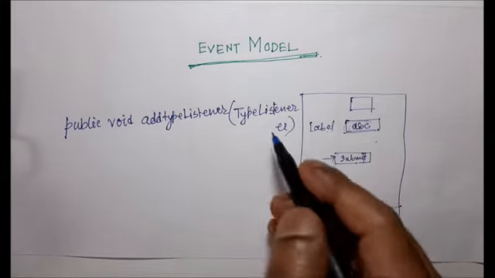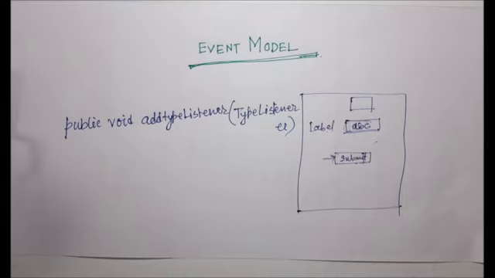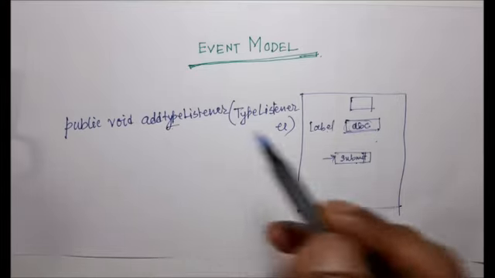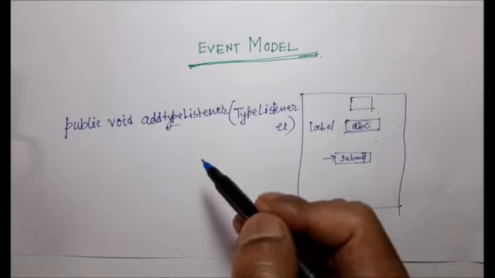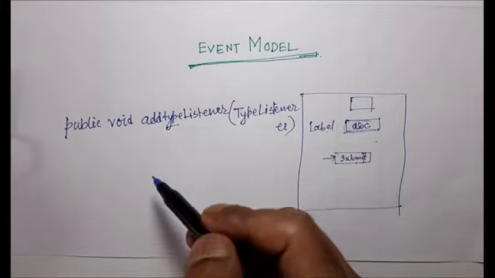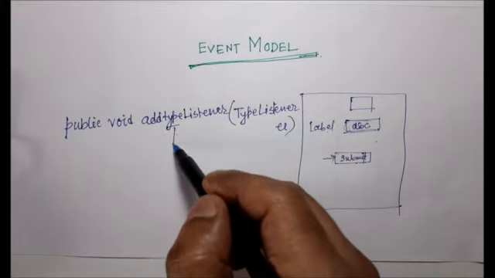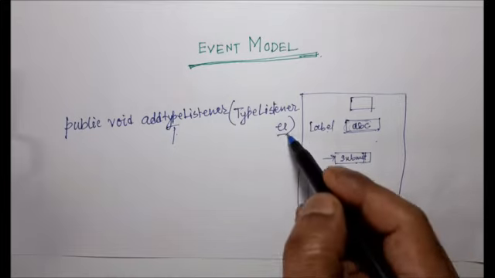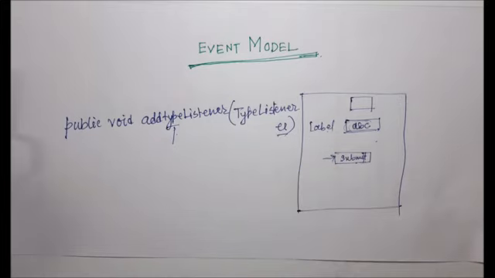So here Type is the name of the event. It may be a mouse click, a mouse motion, an action, or a key. So here Type is the name of the event, and EL is a reference to the event listener.